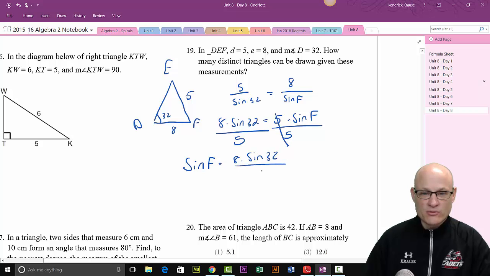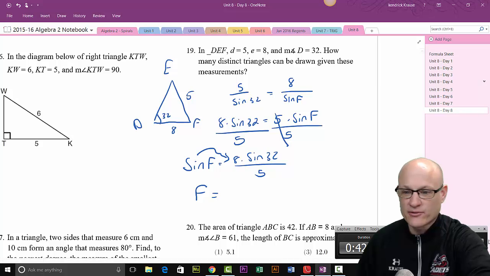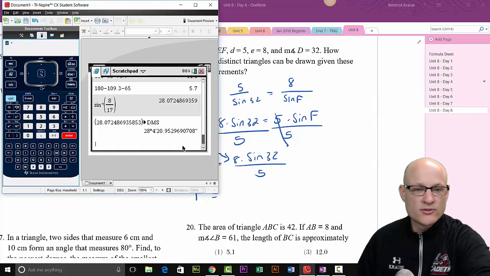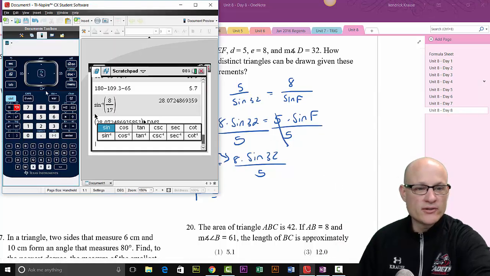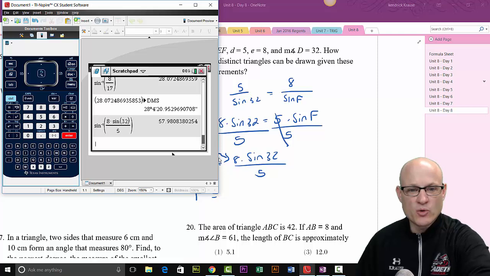I can bring this sine inverse over and go f equals sine inverse of that whole mess. I think it'll be faster. So sine inverse of 8 times the sine of 32 all over 5 is 57.98.